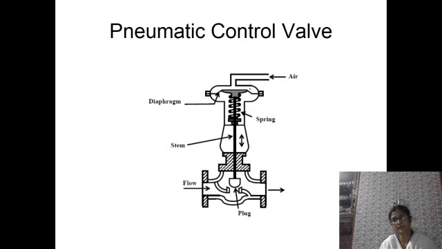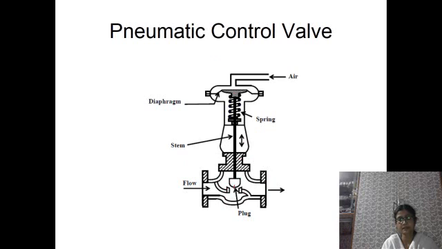And you are familiar with this pneumatic control valve system, that is the upper portion of this is called the diaphragm, this is the actuator, and this portion is called valve. So basically this portion is valve actually. This is called the plug.